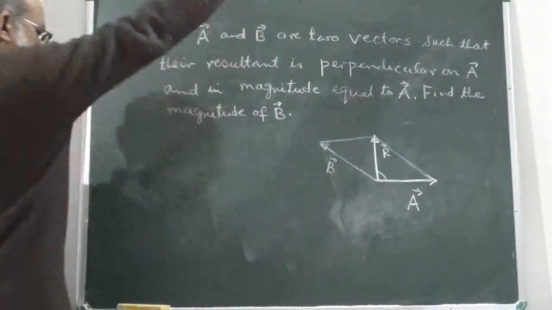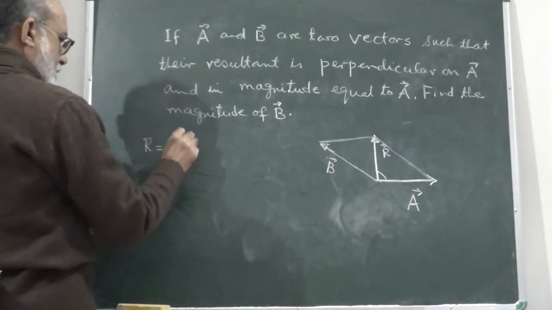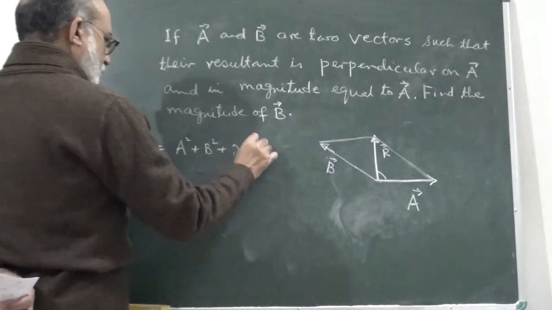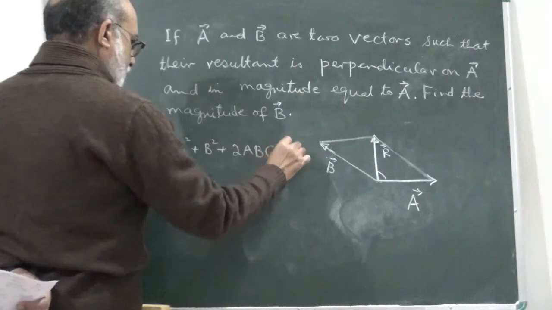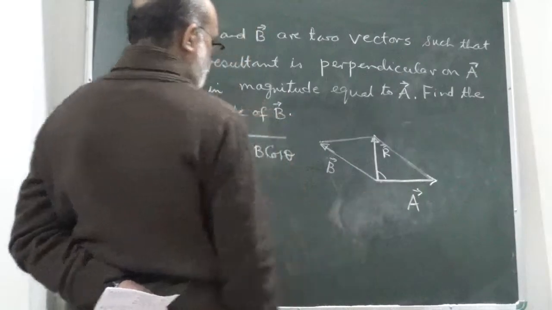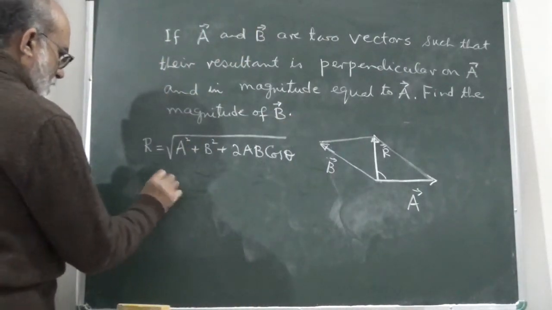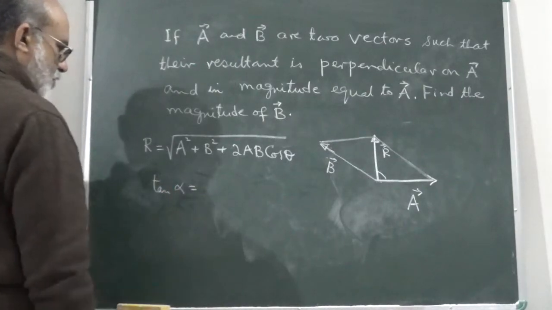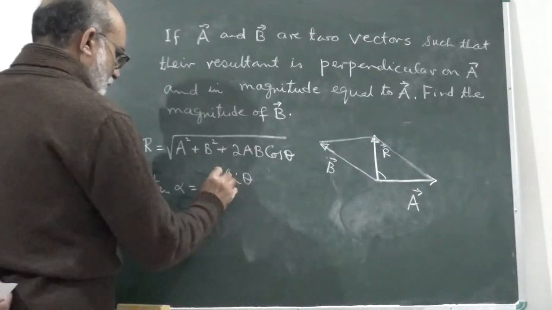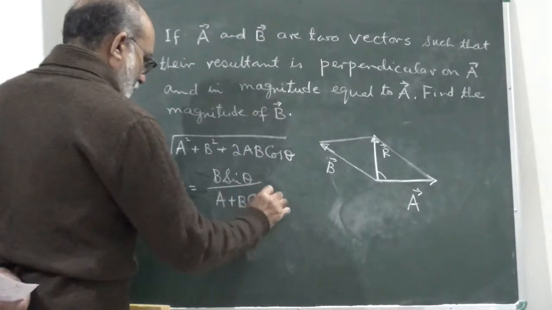We know the magnitude of the resultant can be obtained by the square root of A square plus B square plus 2AB cos of the angle between A and B. Also we know that the angle which the resultant makes can be obtained by tan alpha equals B sin theta by A plus B cos theta.